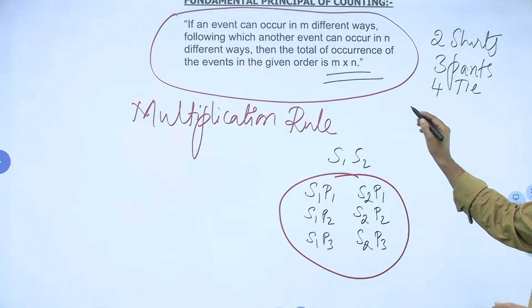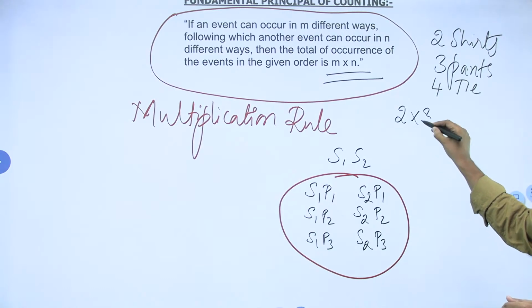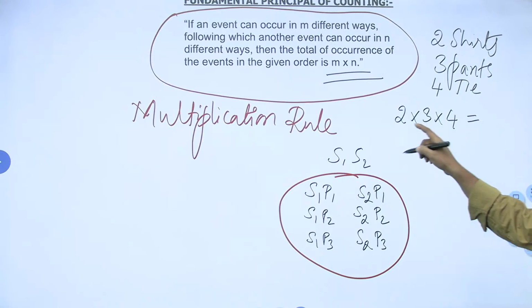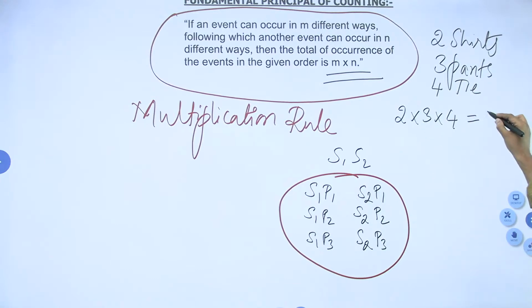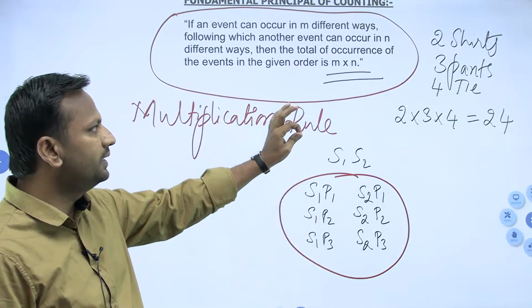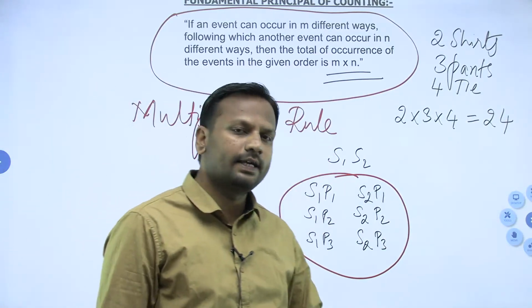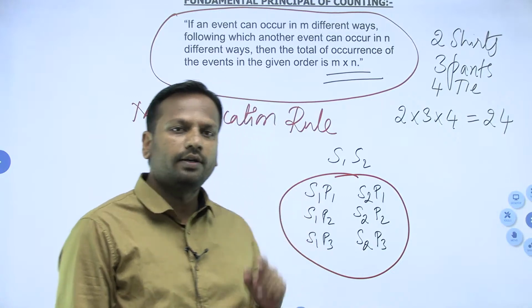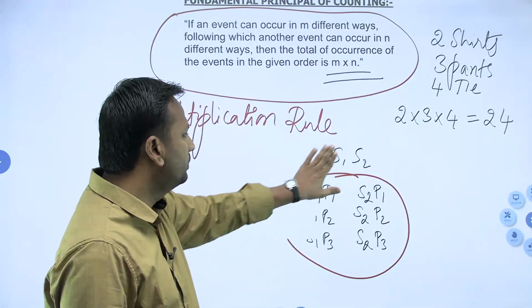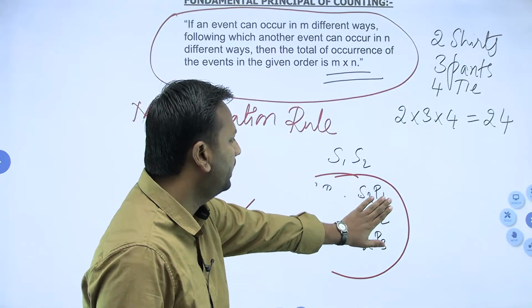In how many ways can I wear these three things? 2 into 3 into 4. That is 2 into 3 is 6, 6 into 4 is 24. In 24 ways I can wear all these three things, right? So these three tasks occur simultaneously. Got it now? And remember, students, one of the things you have to remember here, whenever the word, right?